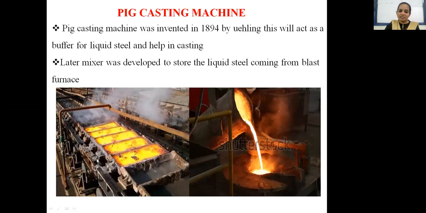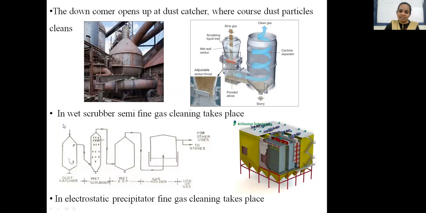Here you can see the line diagram of the assembly of the gas cleaning system. In the dust catcher, coarse cleaning of the gas takes place. The coarse cleaned gas next moves to the wet scrubber, where semi-fine cleaning of the gas takes place.